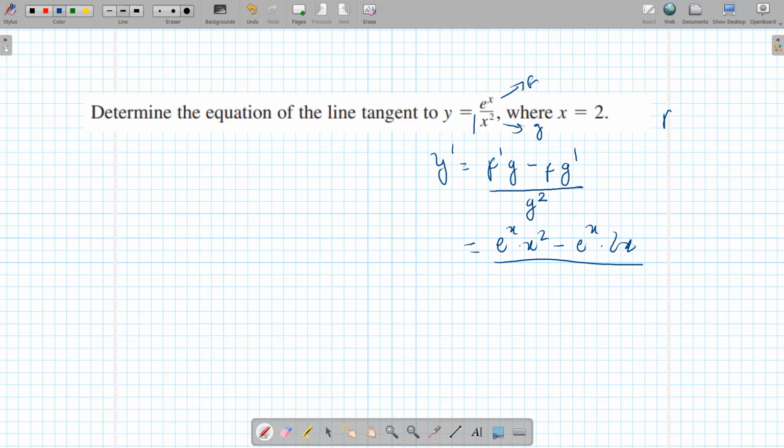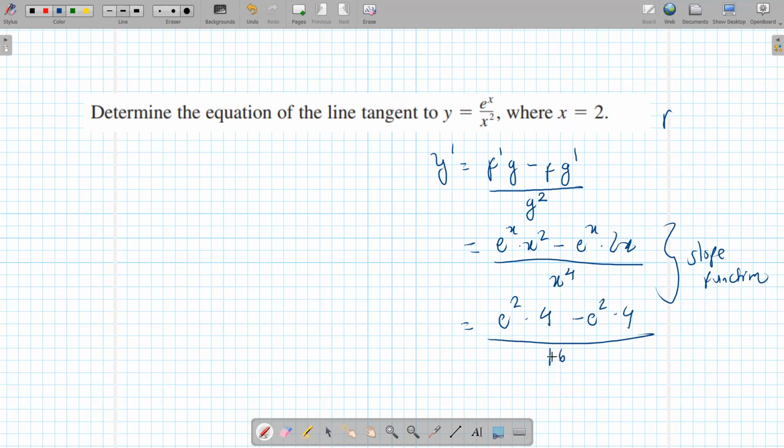You take your original g and then you square this. What is x squared squared? x to the 4. Yeah. And then you simply plug 2 in there. So this is your slope function, right? We want to find the slope when x is 2. Plug 2 in there. Get e squared times 4 minus e squared times 4 over 16.